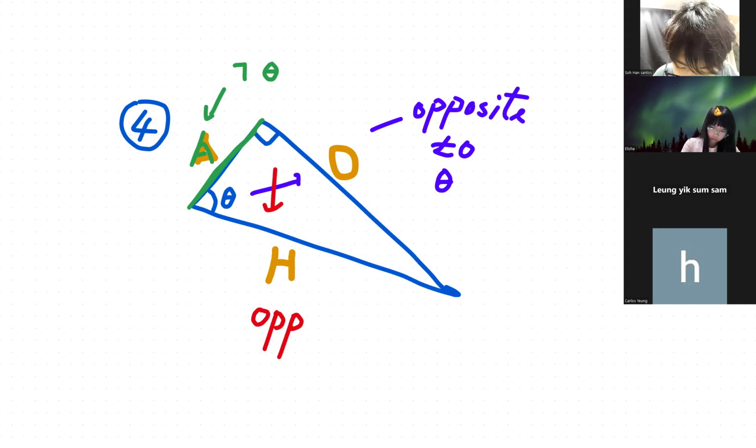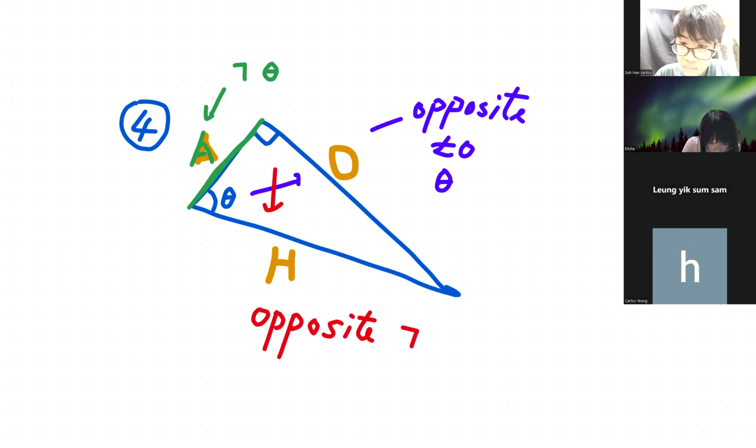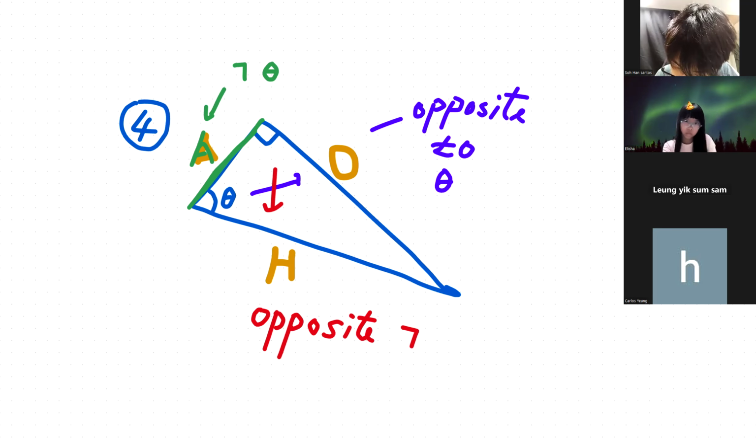But later, it has to be very quick to identify if you want to do well in sine, cosine, tangent. Write down the tip of doing it. For the arrow in the middle, in the actual doing, you don't need it. I just show you how to identify them.